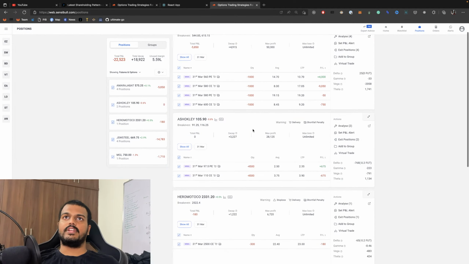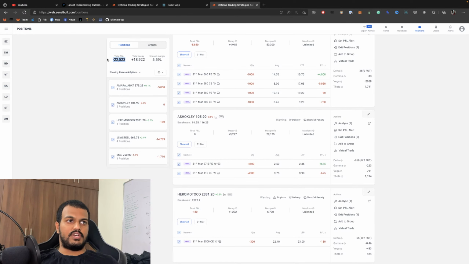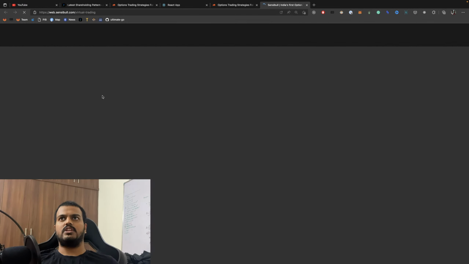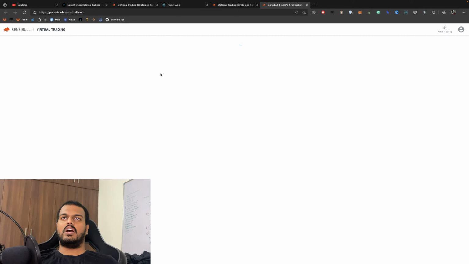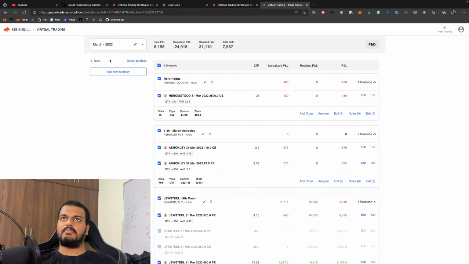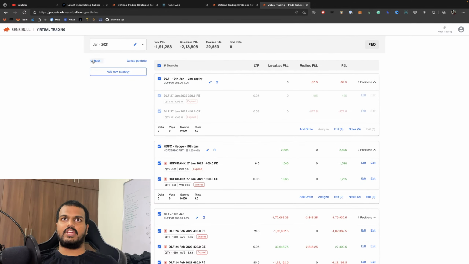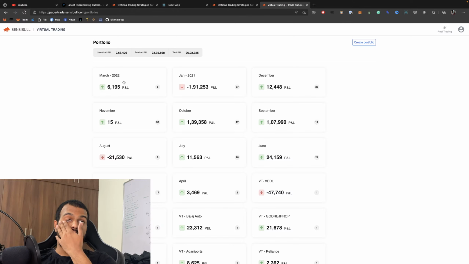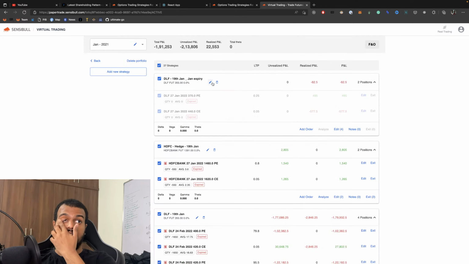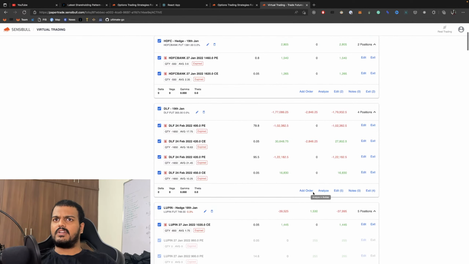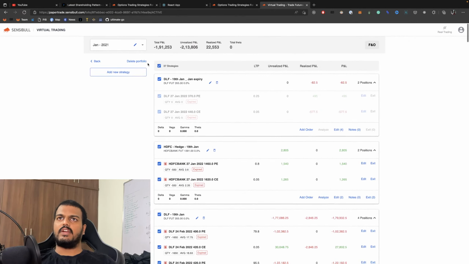Seeing the trades so far, it is at a 22k loss, but the virtual trades are actually in quite good profits. There are not many things I have updated, and I have not updated this journal either. I have not taken any massive trades in February because of the fall. I was predicting it, but did not take any massive trades. In January I have not updated DLF and this one yet, so I have to do that.